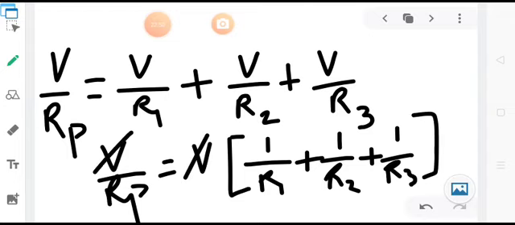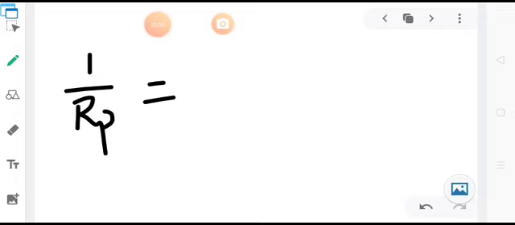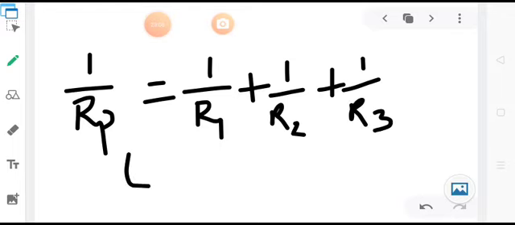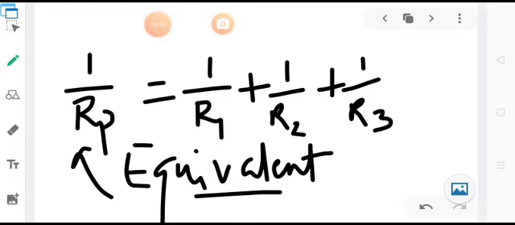You can cancel out V from both sides, and hence you get 1 by Rp equal to 1 by R1 plus 1 by R2 plus 1 by R3. So this is the equivalent resistance in a parallel circuit.